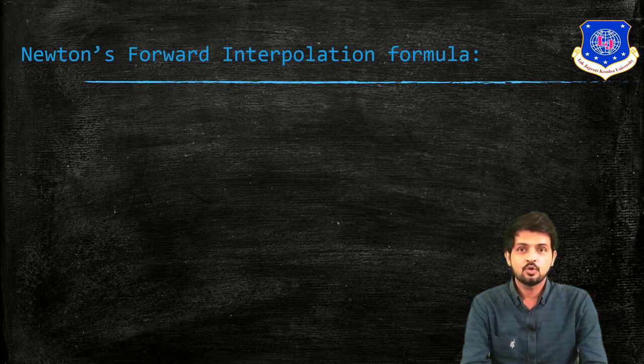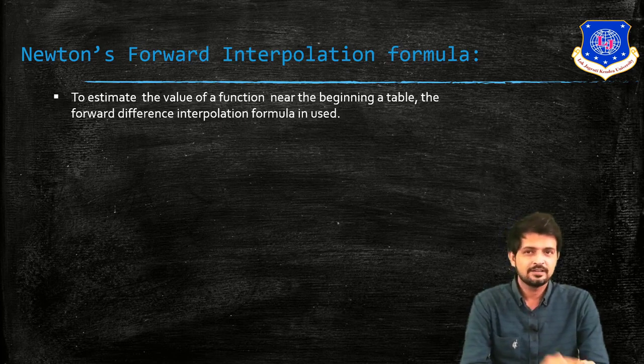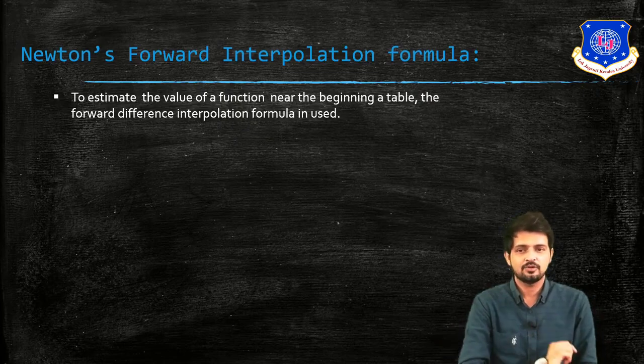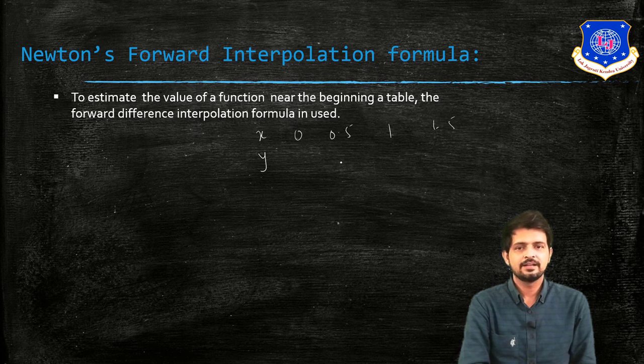See, when we have to apply Newton's forward interpolation formula, as we know, interpolation is used to find the function value for the values of x. If my value of x is near the starting range, for example, my values of x are starting from 0, 0.5, 1, 1.5, and these are the values of y given.